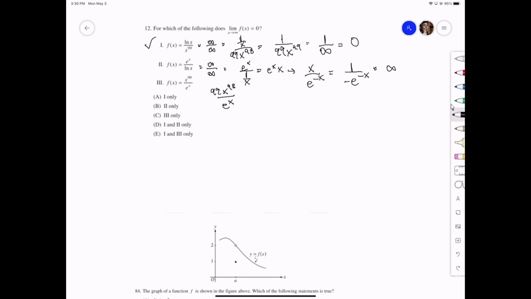But if you keep using the power rule, you're slowly going to get to a constant. Then the derivative of e to the x is just e to the x, so you're going to get a constant over e to the x. As you approach infinity, the denominator approaches infinity, so it's 0.